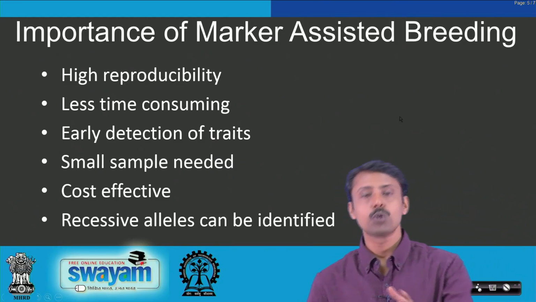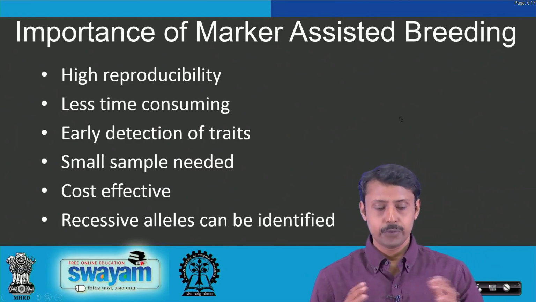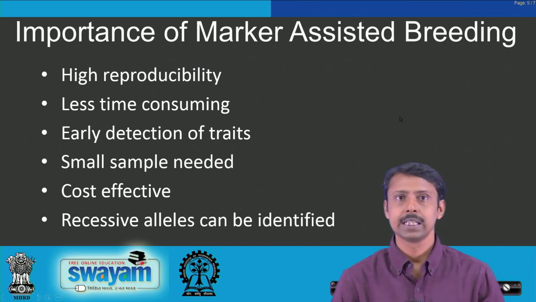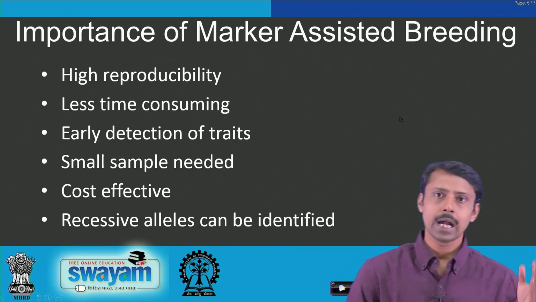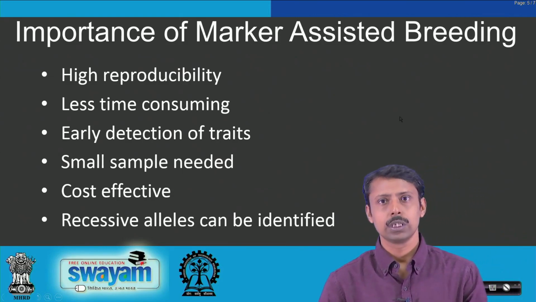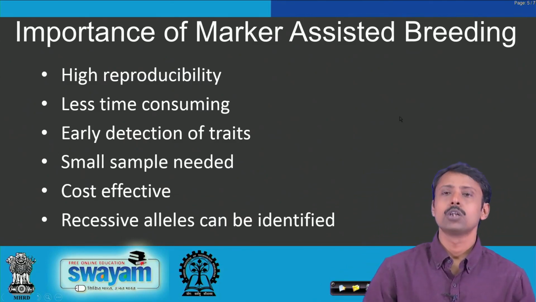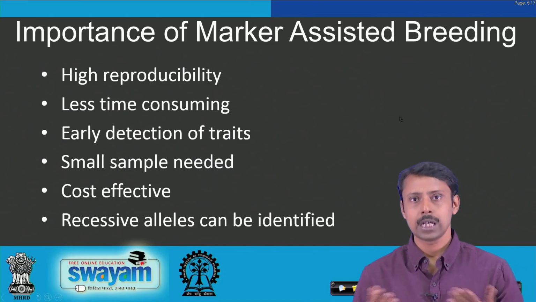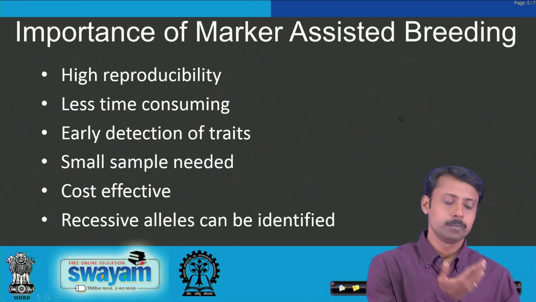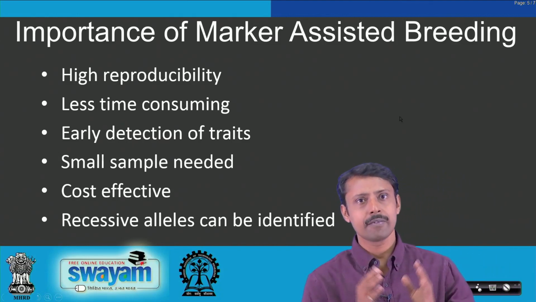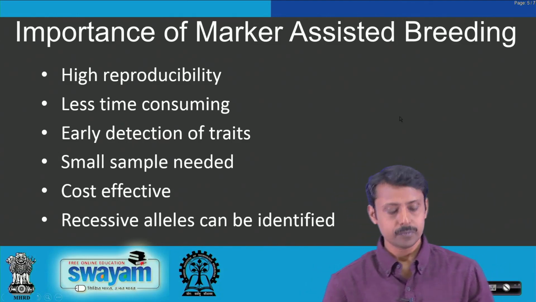But if you know the molecular marker, if you know the gene sequences associated with different traits, then we can do it at the seedling stage also. We just have to isolate the DNA, and do either PCR based analysis or hybridization based analysis, and in this way we can screen at a very early stage.